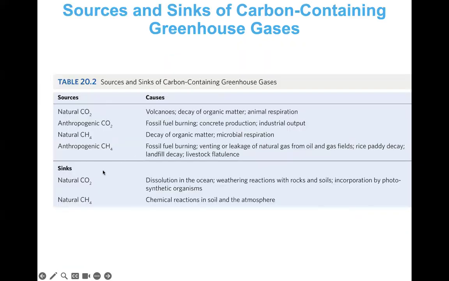Again, we have here the sinks and sources of carbon. The sources of carbon include volcanoes, fossil fuels, decay of organic matter, and so on. But the sink is the one that removes CO2 from the air. The dissolution of carbon in the ocean and weathering also remove carbon from the air.